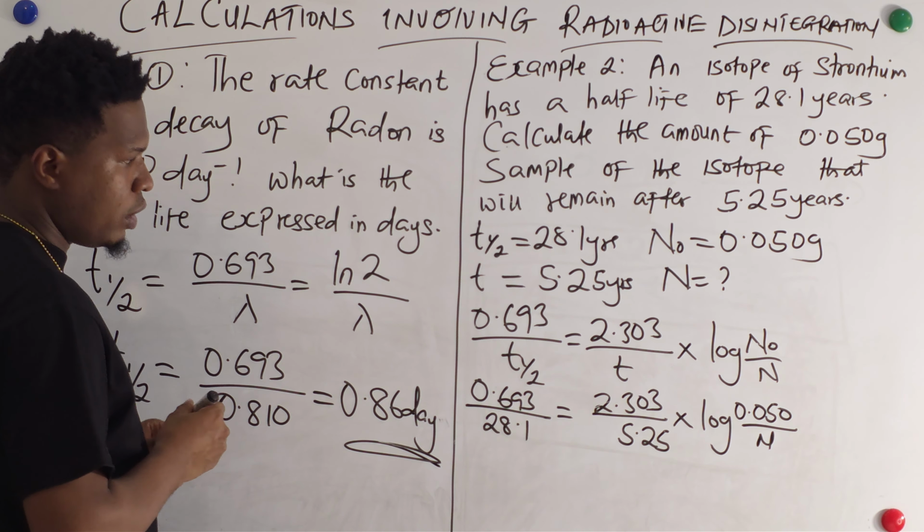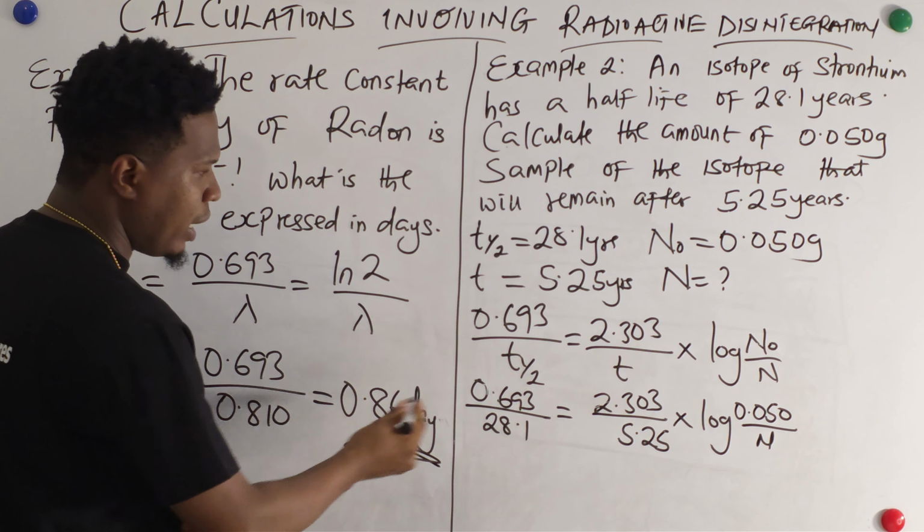We can either cross multiply or divide these two, either is fine.